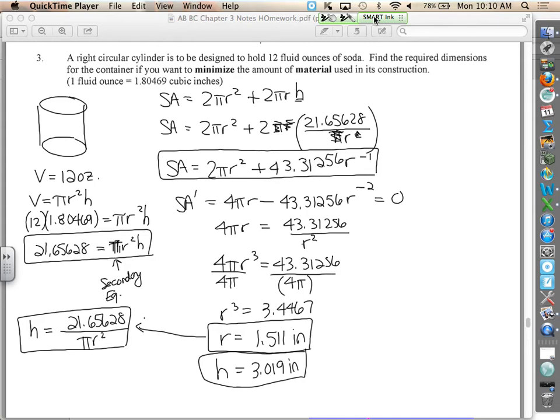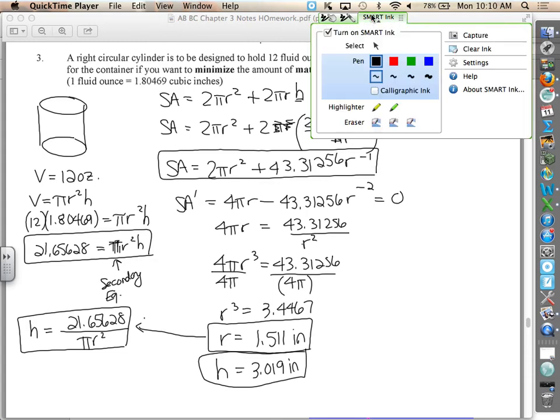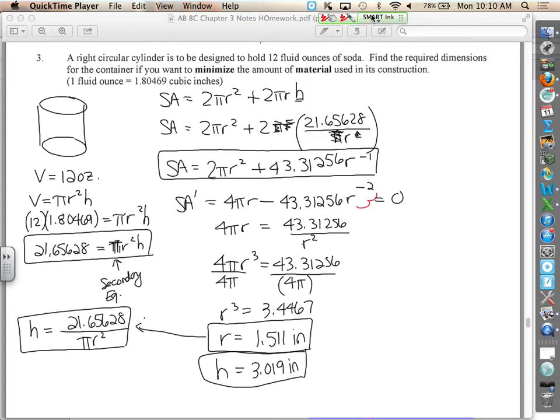All right, so then we get to decide what we want to do to come up with this. I did the second derivative test for this one, so let's try that one again, since we didn't do that since the first example. So my second derivative test, if I take the derivative of 4 pi r, it's going to give me 4 pi.